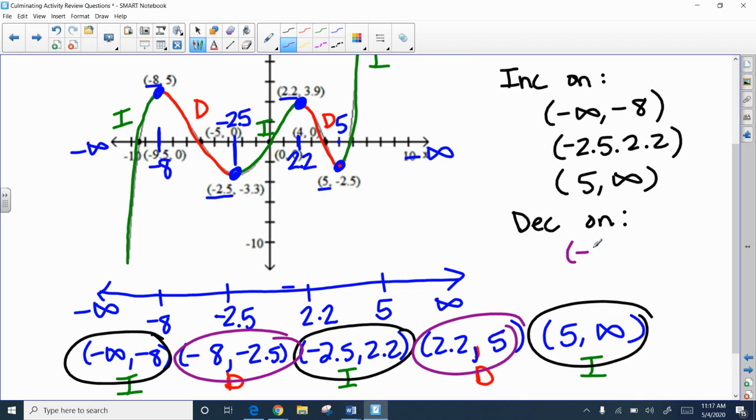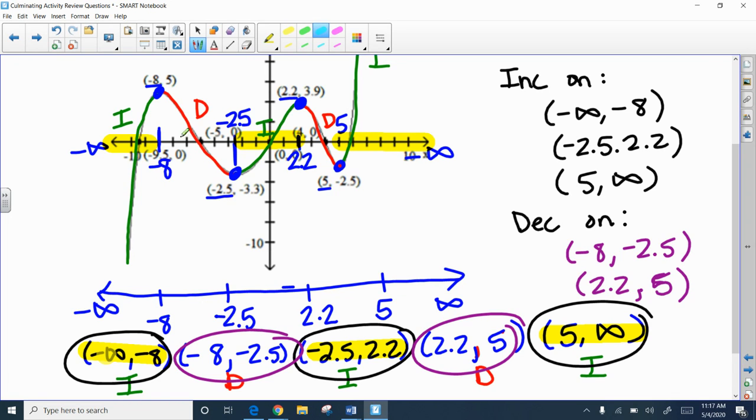It's decreasing on negative 8 to negative 2.5, and then decreasing from 2.2 to 5. So notice these are not coordinate points, they're intervals using the x-axis here. So the increasing intervals correspond to these parts on our number line, and the decreasing intervals correspond to those parts on our number line.